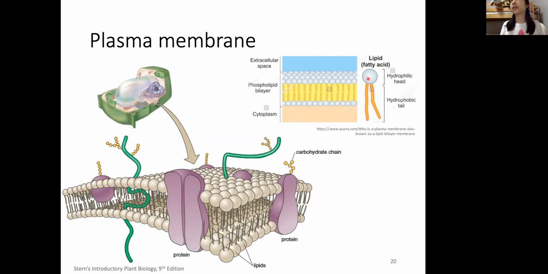If you put this back into the lipid bilayer structure, you can see that the outer part, the hydrophilic head, can be next to the hydrophilic environment outside of the cells.